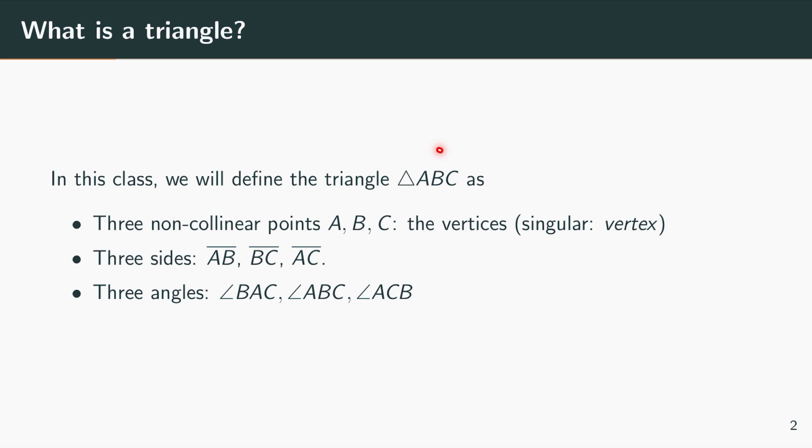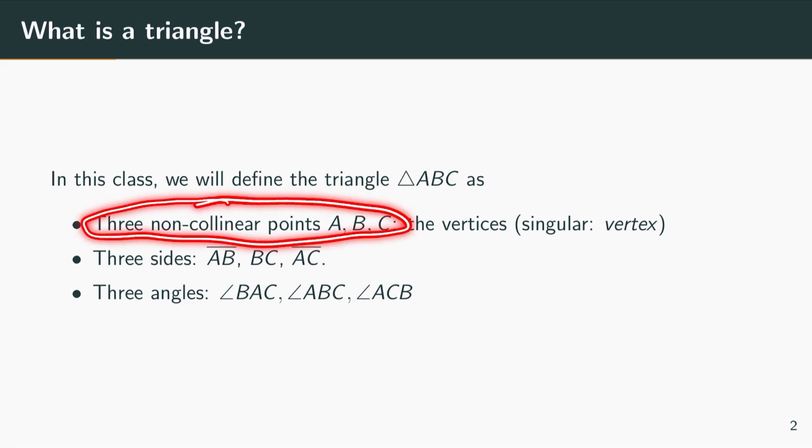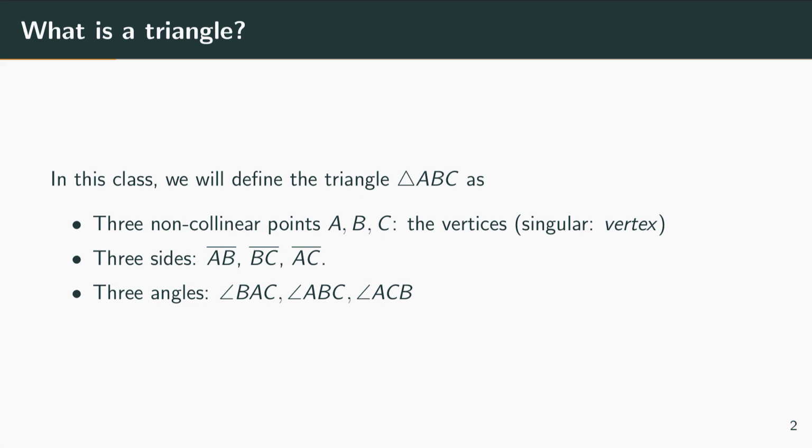Okay, then for the purpose of this class, we're going to define a triangle as three non-collinear points A, B, and C. And these we're going to call the vertices of the triangle. Just as a little point of language, vertices is the plural, vertex is the singular.